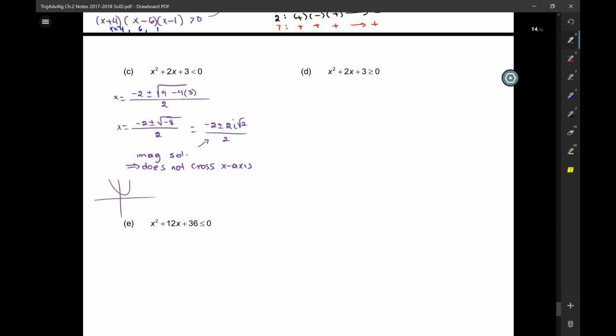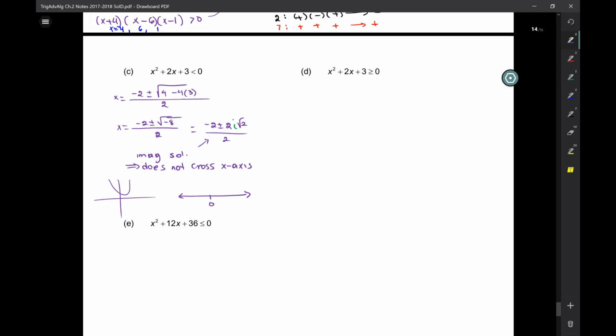So, okay, listen. Here's what you're going to do. I still do my number line because, how do I know if it's positive or negative? Now, if it's a number line, it's got to have some numbers on there. And what's my favorite number? 0. So I just put 0 to have it grounded. Now, let's pick a number less than 0. How about -1? If I put -1 in here, I'm going to get 1 minus 2 plus 3.